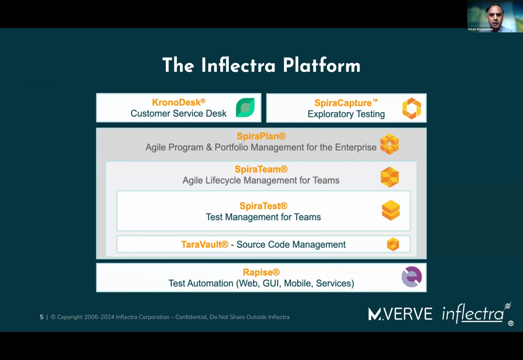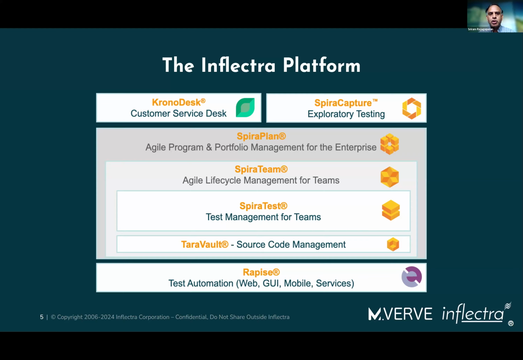As many of you know, agile uses different sets of keywords and ways of working. Then we move into SpiraPlan, which is more into the program and portfolio level at the enterprise, which requires additional considerations for data, reporting, and many other elements as the enterprise wants to see it.